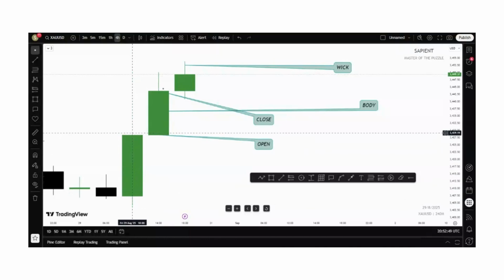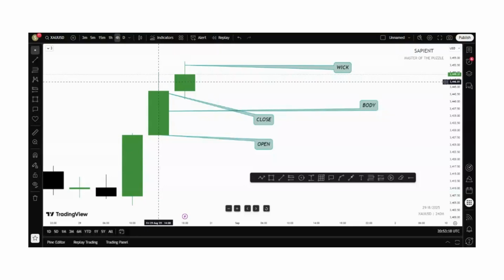Some of you might wonder, what about this wick, this one that we labeled wick? Can't you say this is the close? No, we can't say that is the close. Which brings me to explain what the wick does. The wick shows where price has been.